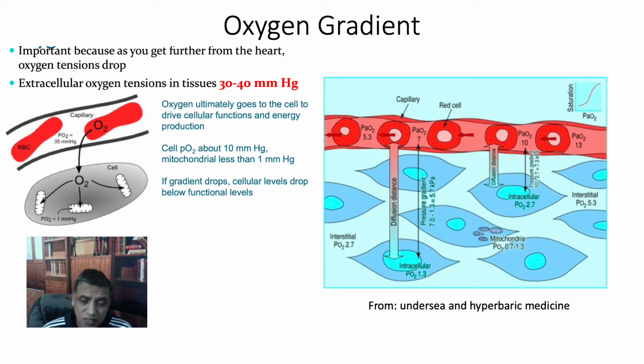The oxygen tension in the capillaries of the pulmonary system, in the lungs, is about 100 millimeters of mercury. By the time it gets to a cell and then to the mitochondria, it's 1 millimeter of mercury. So the oxygen tension is reduced by a factor of 100.